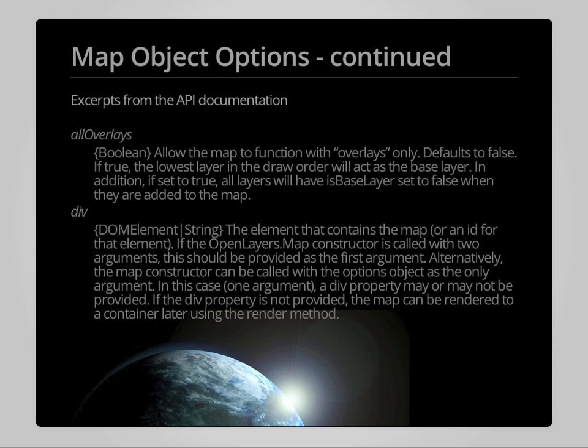We've already seen the div option as a way to specify the document object element that the map object should be attached to, as an alternative approach to linking the newly created map object to the rest of the HTML document that contains the map.